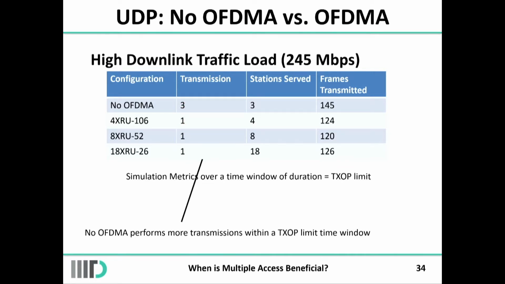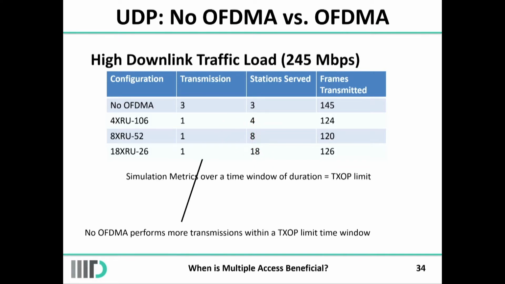This also proves the point that in non-OFDMA the aggregation was limited because of sequence space, not because of Tx op. That is why you see that 3 transmissions are happening, and here the number of stations served of course is higher. For 4 cross this is 418.